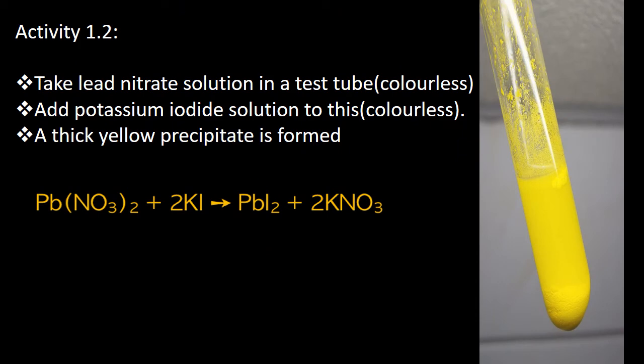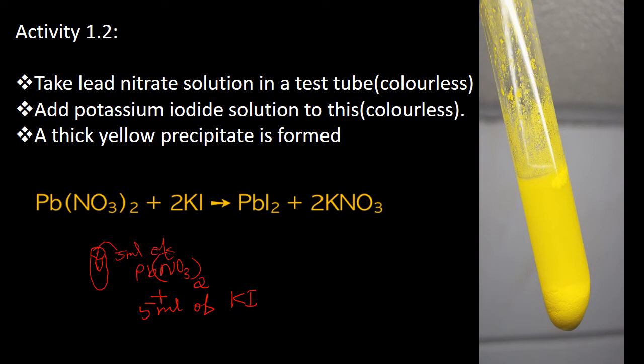Activity 1.2. Here what you have to do is take a clean and dry test tube. In this test tube you will add 5 ml of lead nitrate solution, and after that you will mix 5 ml of potassium iodide solution.